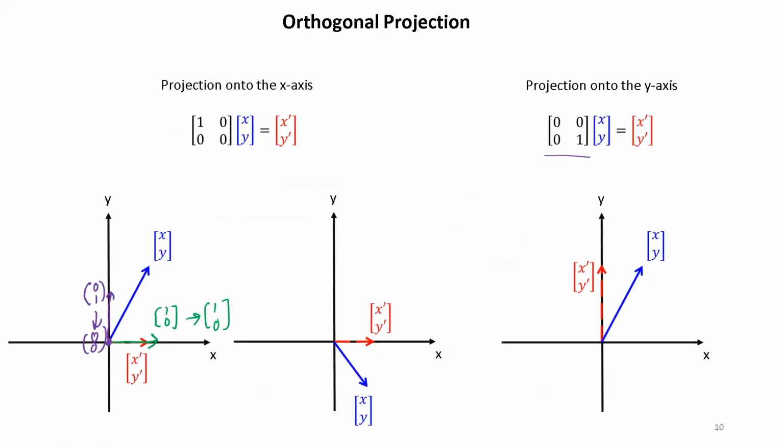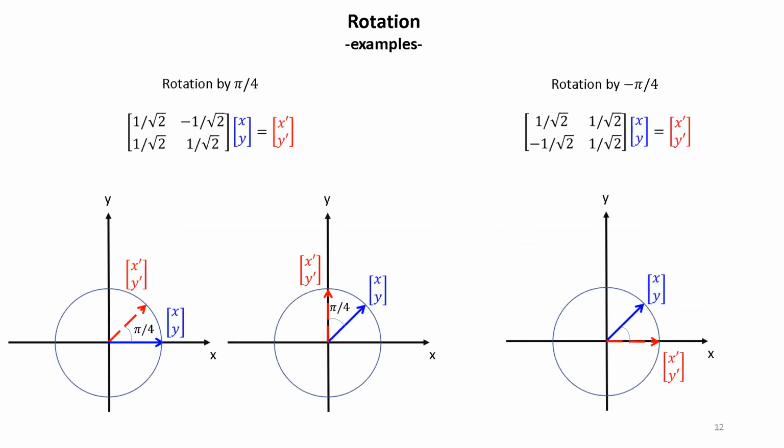If I just tell you the projected vector of the original vector, you have lost the information of the y component of the original vector. So if I give you the projected vector, it's impossible for you to tell me what the original vector is, because you don't know the y component.